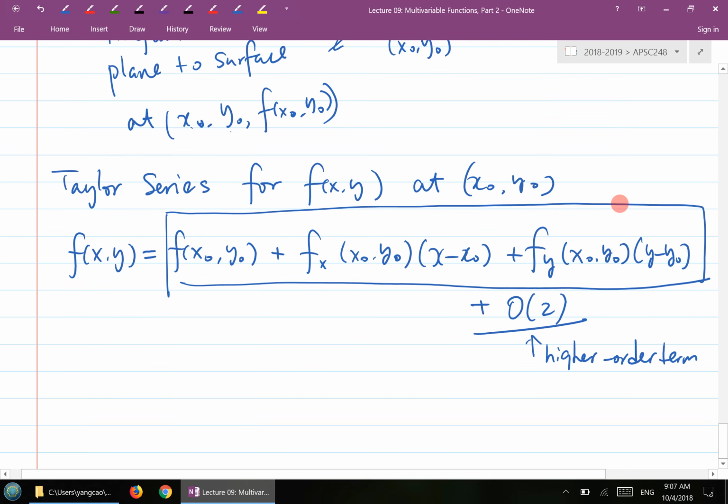So what we do is we can simply say my function f(x,y) is approximately equal to the three terms.